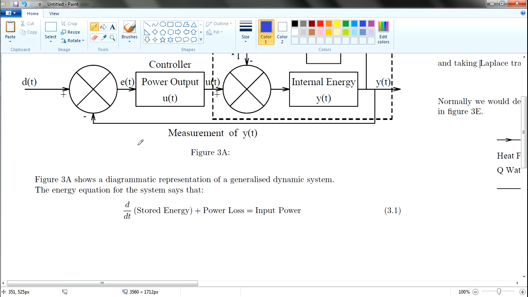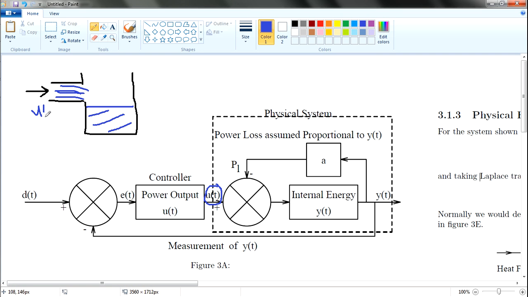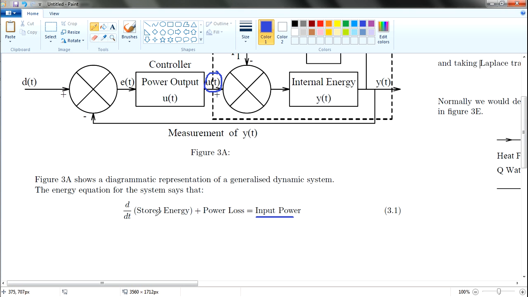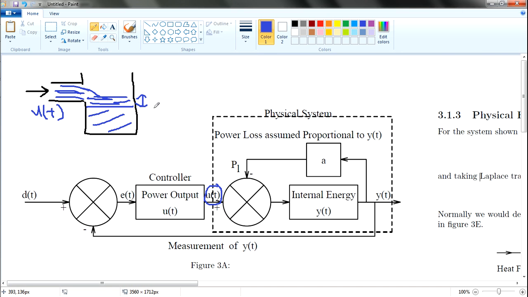The input is the u of t, right? If we have a u of t that comes in, you increase the water level from the initial state to a certain stage. There's a change, so this change is the amount of internal energy, the amount of change in stored energy that we have already made.